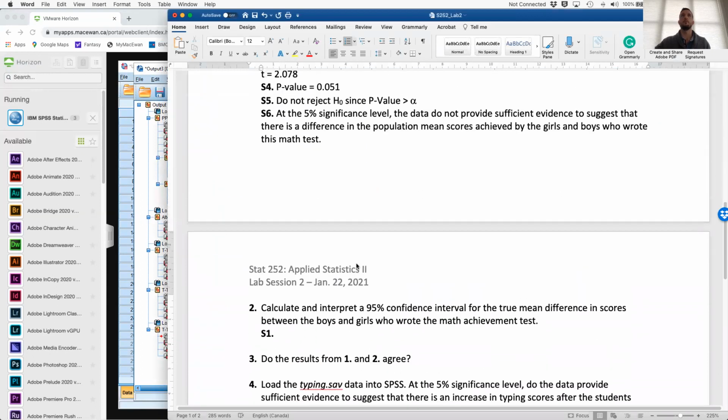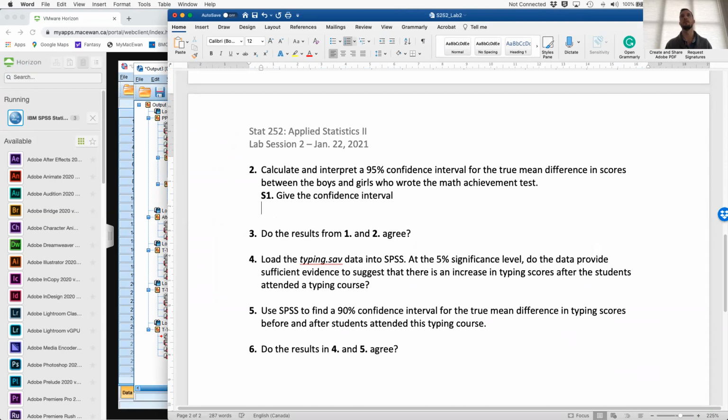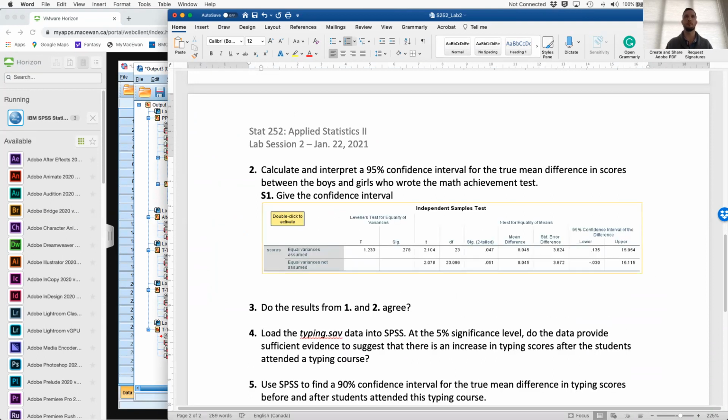All right, so for step 1, we're going to give the confidence interval. So we'll use the same output that was given above. So the 95% CI is negative 0.030 to 16.119.